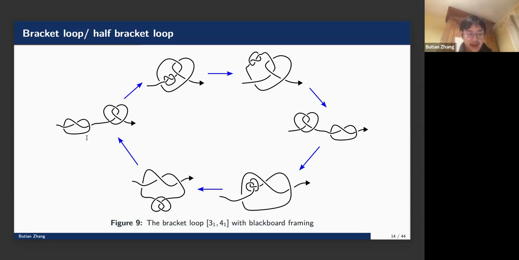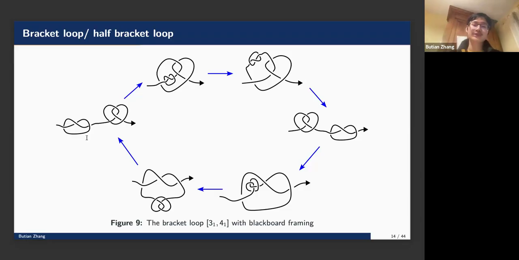And sometimes we consider the connected sum of two identical knots. For example, instead of the connected sum of 3-1 and 4-1, we consider the connected sum of 4-1 and 4-1. In this case, if we accomplish just one push arc, we come back to the original position, and it has already formed a loop in the space of long knots.